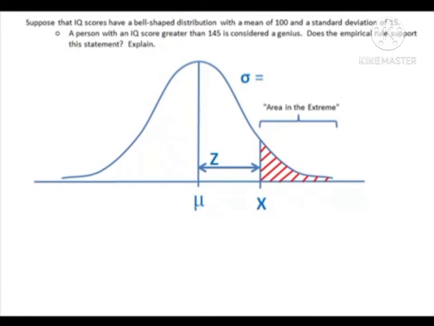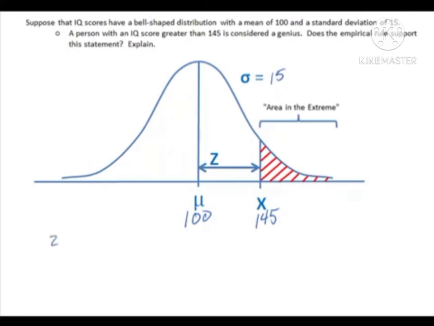Suppose that IQ scores have a bell-shaped distribution with a mean of 100 and a standard deviation of 15. A person with an IQ score greater than 145 is considered a genius. Does the empirical rule support this statement?